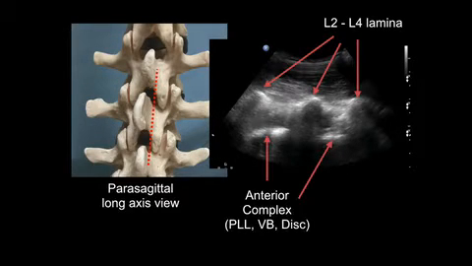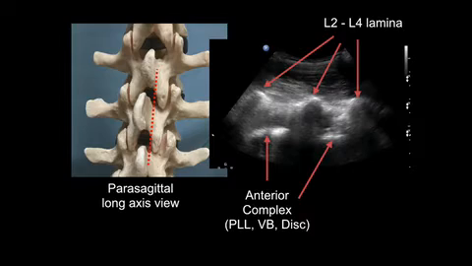The image on the left is a model of the lumbar spine. The dotted red line indicates the direction of the ultrasound beam as it relates to the bony structures of the spine. The image on the right is the corresponding ultrasound image.